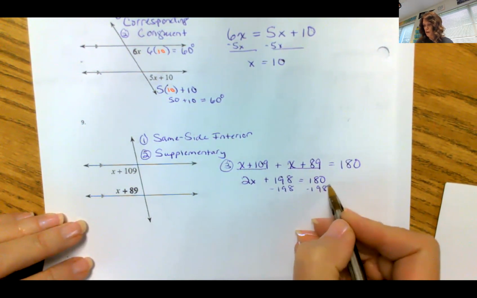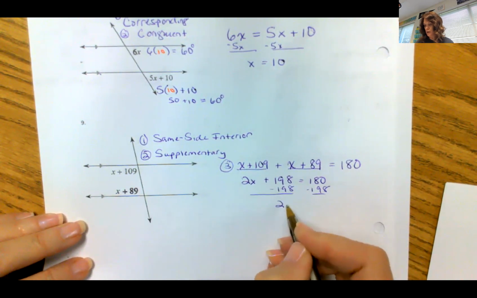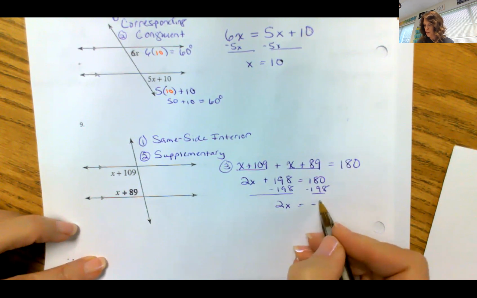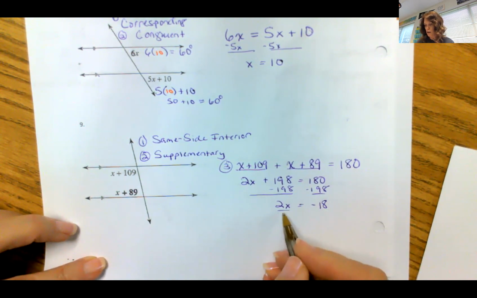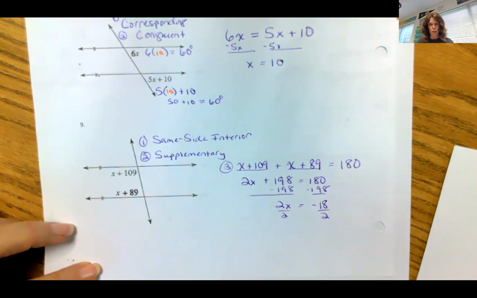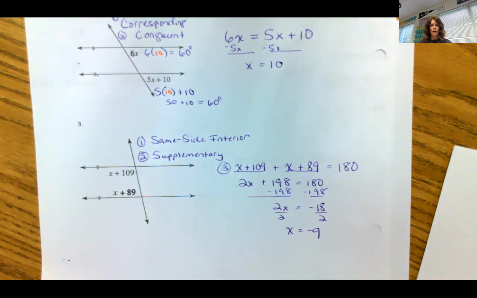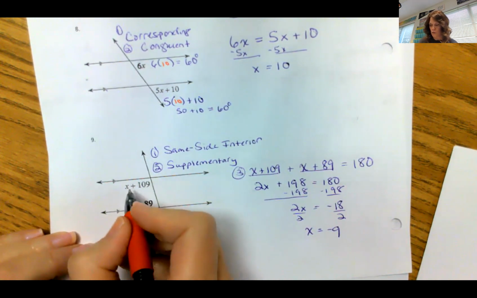Again, when you're working on these slides in a little bit, I want you to be showing your work on another sheet of paper, right? Your teachers are going to be asking to see your work. So divide by 2, and I get x equals -9. If all they asked was to solve for x, I'd be done. But if they asked me what are the measures of these two angles, I'm going to have to substitute that in there.